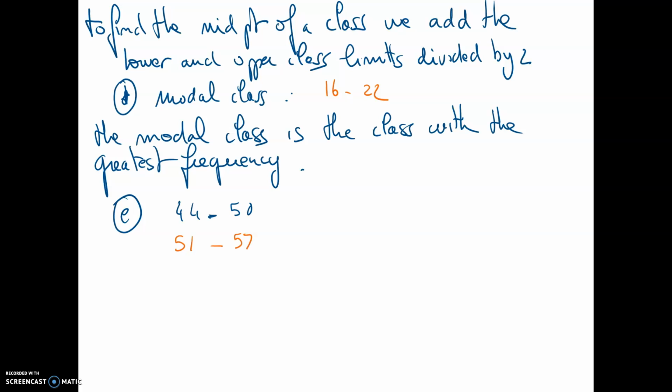Why? Because the width of each class has to be 7, and if the previous class stopped at 50, the following class will start at 51, and then I need to count 7: 51, 52, 53, 54, 55, 56, and 57.